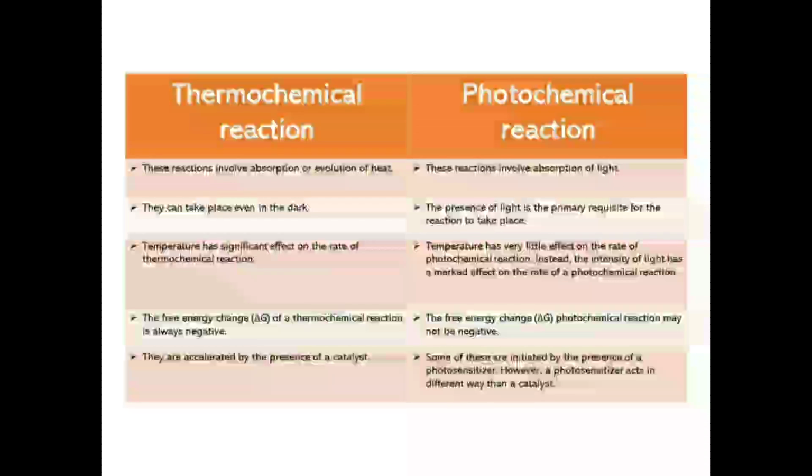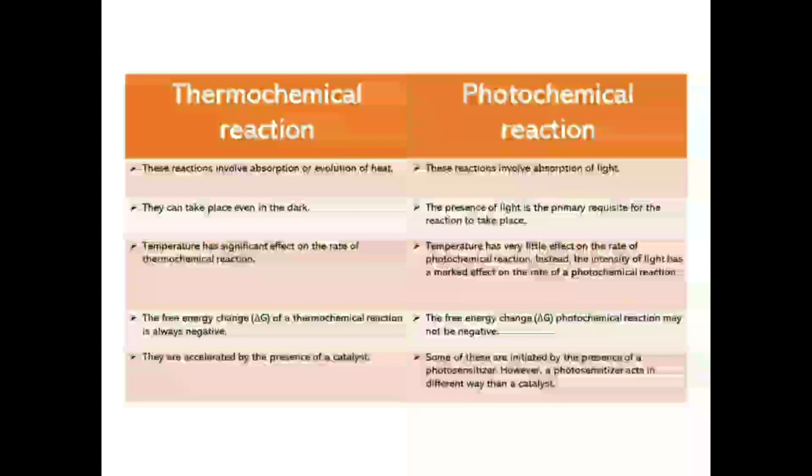Next, in a thermochemical reaction, temperature is efficient; it alters the rate of reaction, either increasing or decreasing, directly proportional to the temperature. In a photochemical reaction, temperature is not necessary, but instead of temperature, light is important.